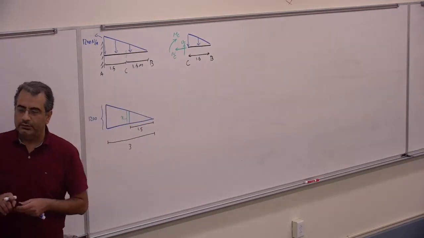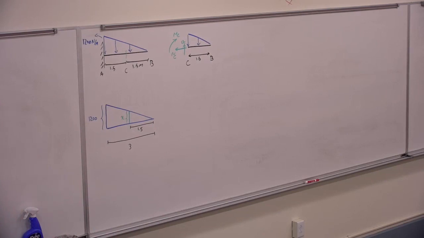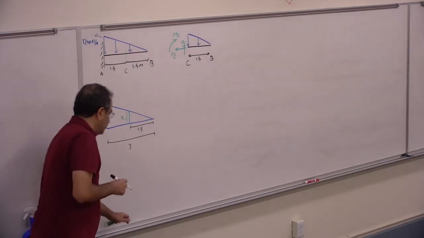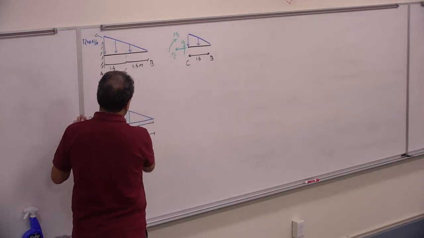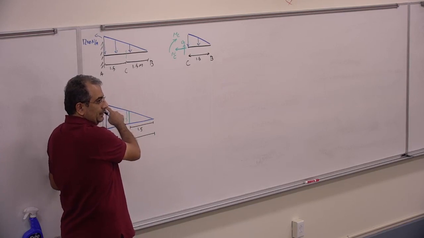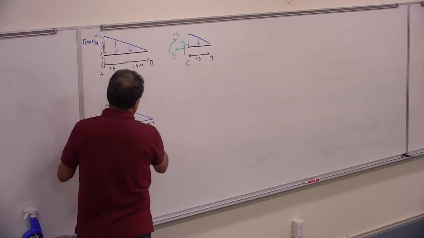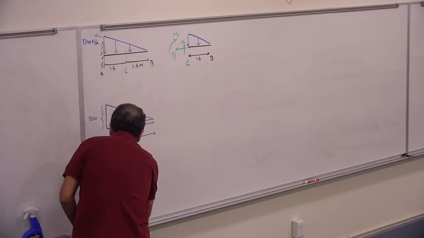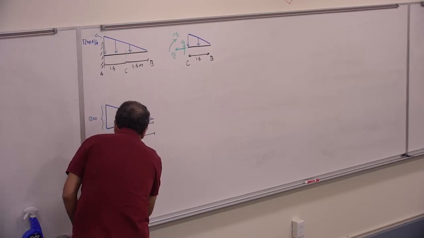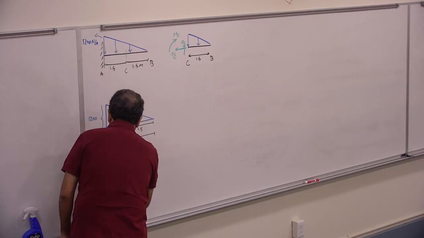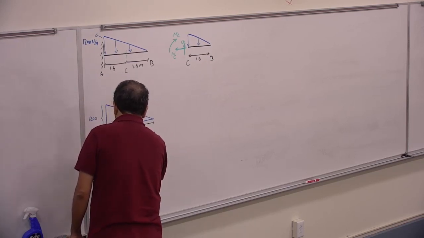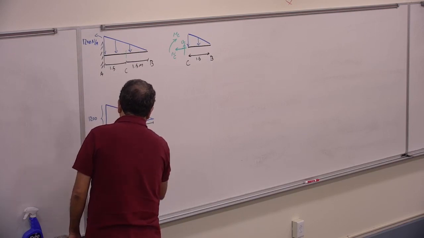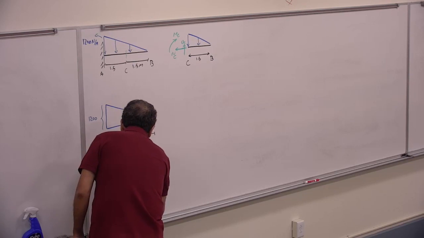There's a rule in geometry that the smaller triangle is proportional to the bigger one in this case. So if for 3 meters it is 1200 Newton per meter, then for 1.5 meter, how much would it be?